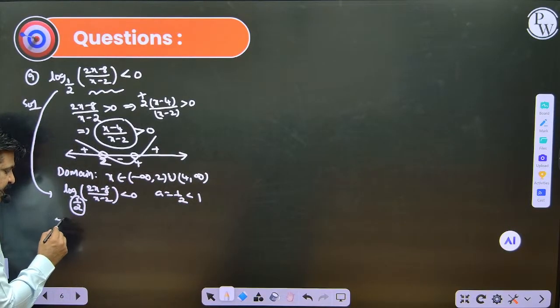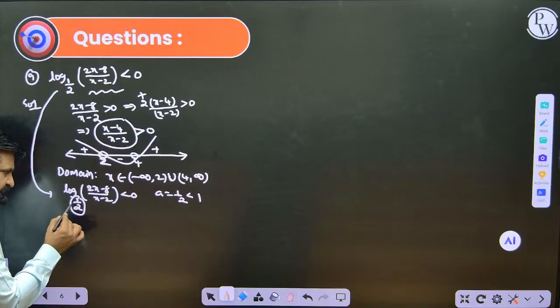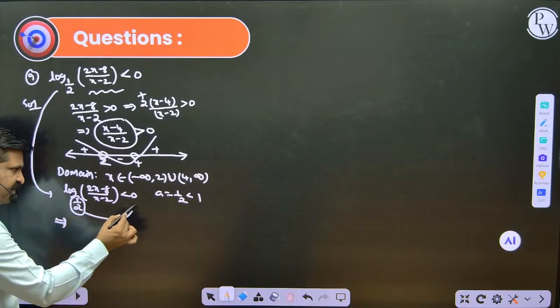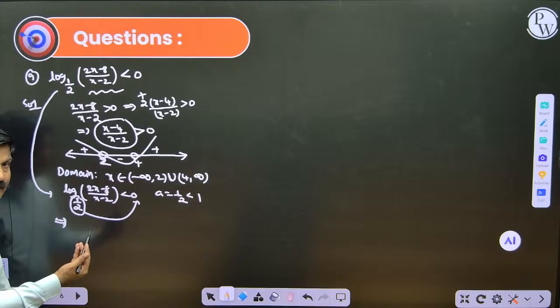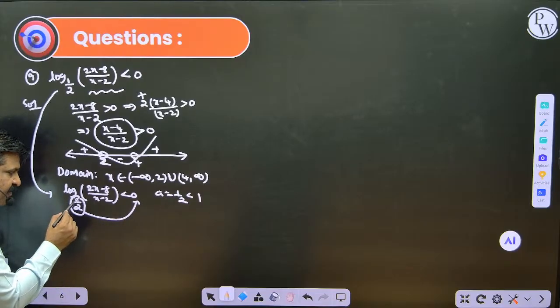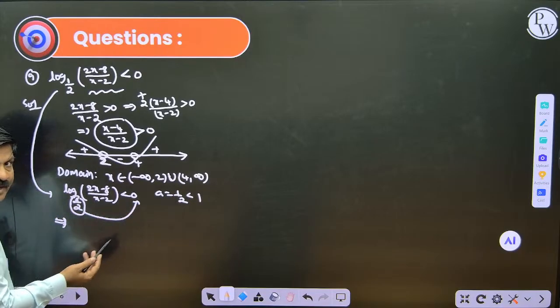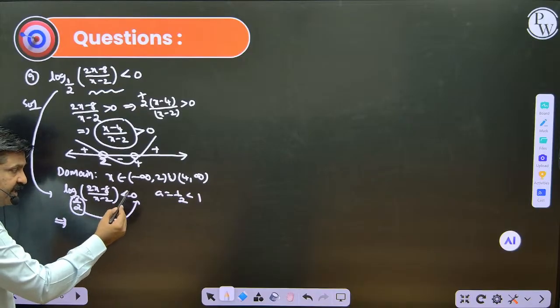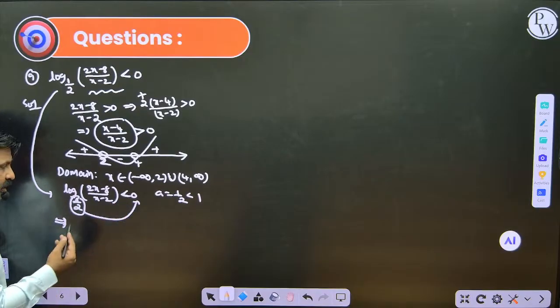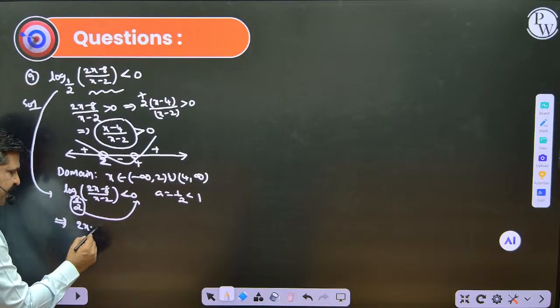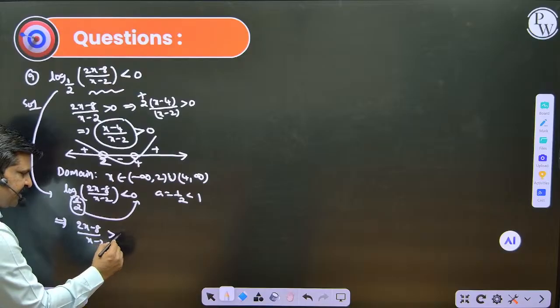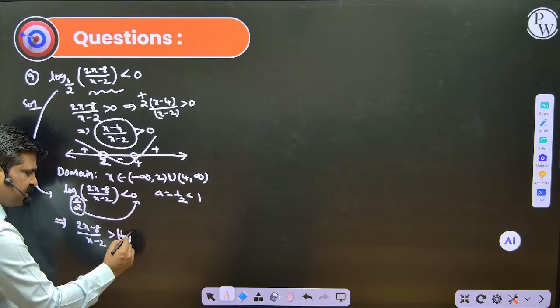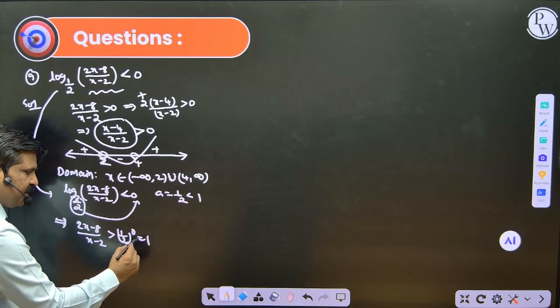When the base is less than 1, if this log is shifted to the other side, it becomes the base to an exponential. But because the base is less than 1, the inequality changes. How? 2x minus 8 by x minus 2 greater than (1 by 2) whole power 0.